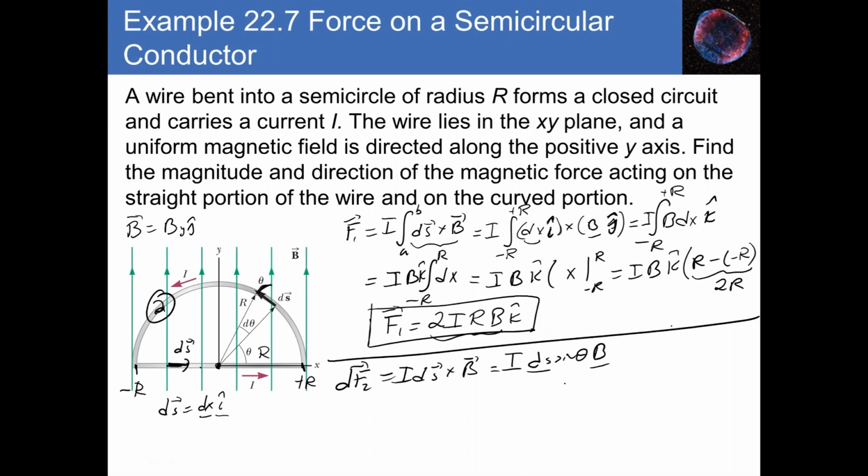The ds component that I'm considering is the one opposite, so that's why I end up with a sine of theta. That's in the negative i hat direction, and the magnetic field here is in the j hat direction, so I have that cross product.